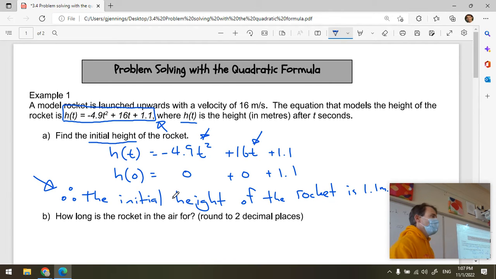Done. Okay, just that straightforward. We just read that c value, and that will tell us the initial height of the rocket.